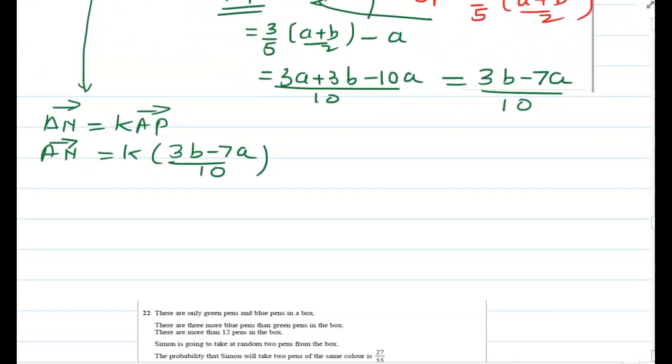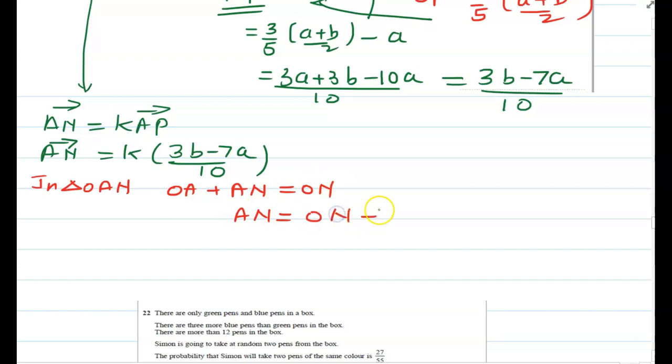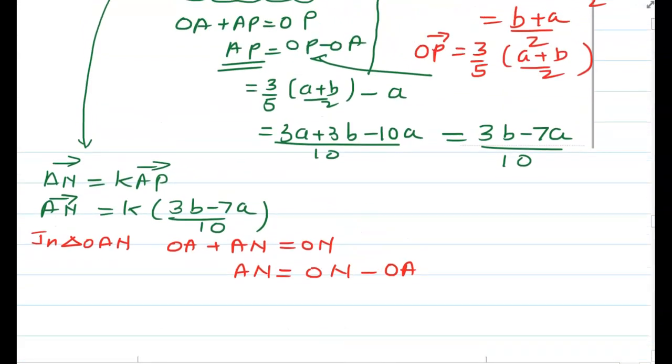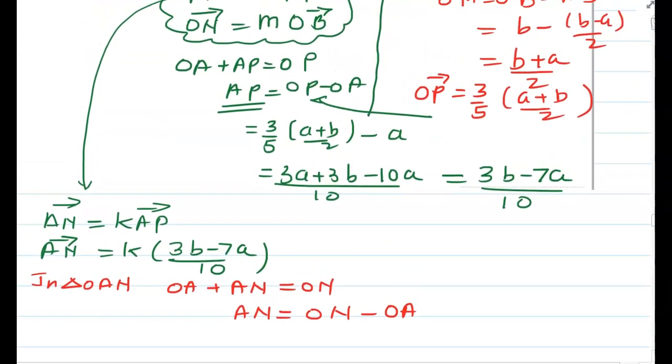So what we are going to do, in triangle OAN, you can write down OA plus AN equal to ON. And AN is ON minus OA. And we can put here ON.